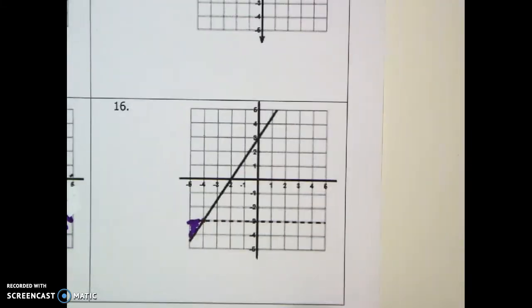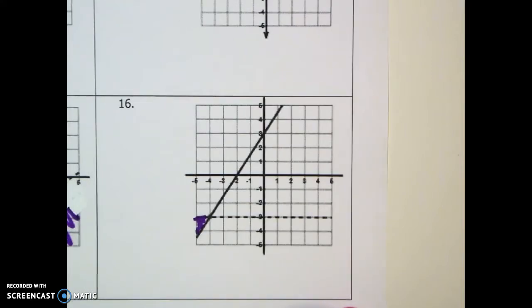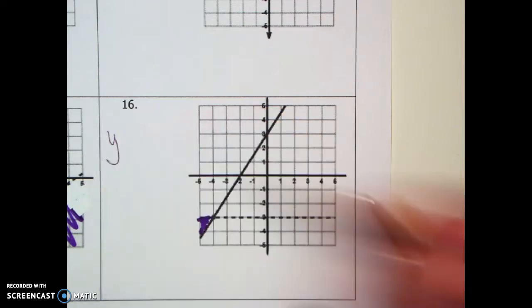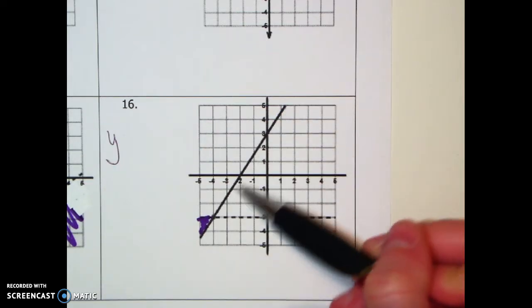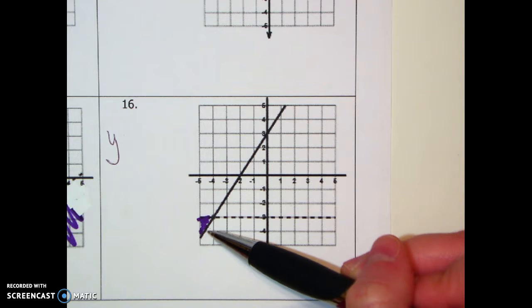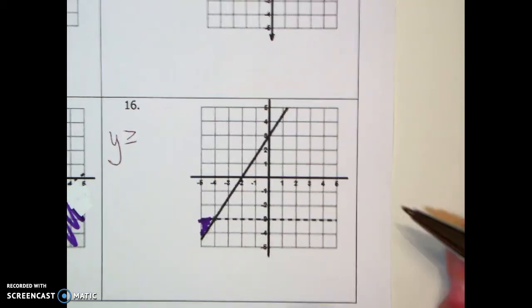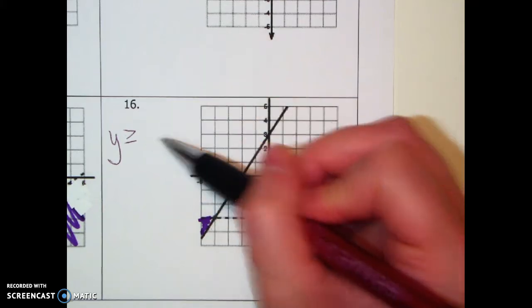Okay, last one I'm going to do with you. Then you're on your own. I will do the solid line first. So that's Y. And solid line, it is shaded above it. So it is greater than or equal to, because it's a solid line. I'm going to leave a space for the slope.